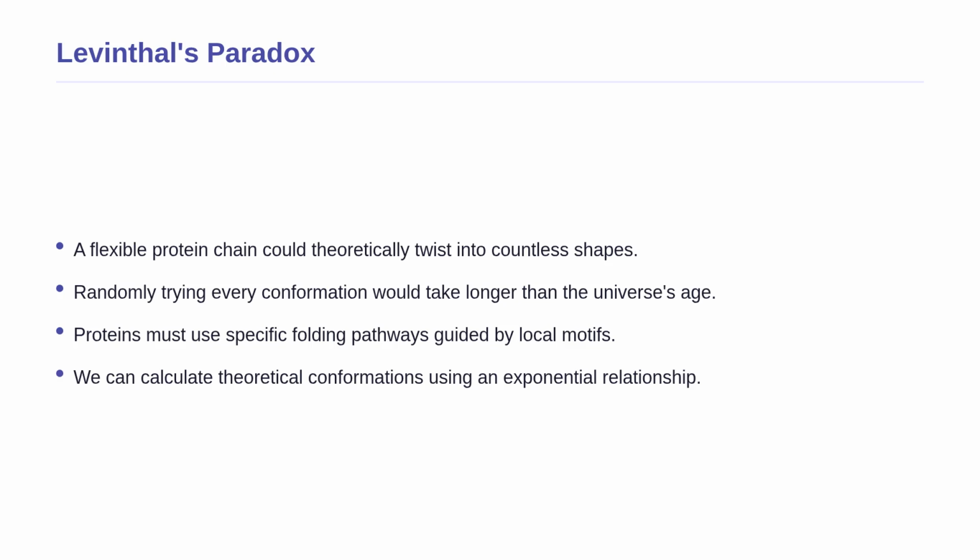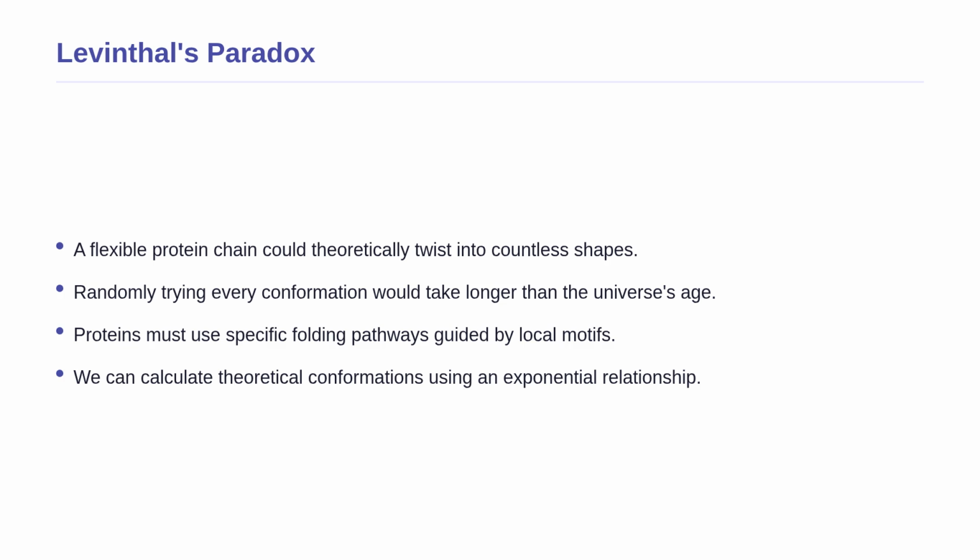Now that we can visualize the final folded state, we must ask how the protein gets there. Before a protein finds its stable fold, it exists as a flexible chain that could theoretically twist into countless different shapes.